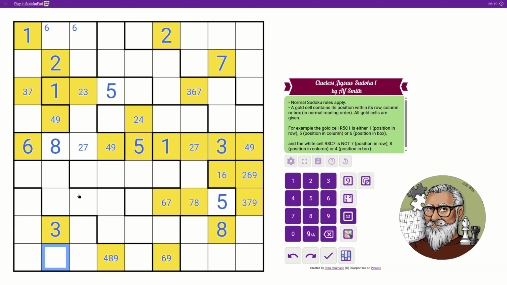Okay, let's see. It's not 1, 2, or 3. It could be 4, could be 5. It's not 6, but it could be 7. It's not 8, and it could be 9. That's still a lot. And let's say this one. Well, this one isn't 6 either. And this one isn't 7.